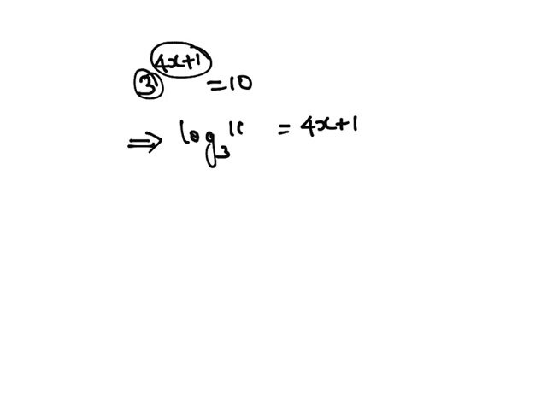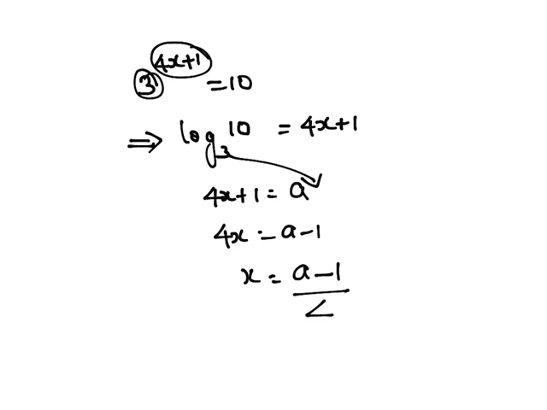So log 10 to the base 3. Once you find the answer, 4x plus 1 equals this answer. Let's say some number, for example, a. Then 4x equal to a minus 1. So x will be the answer minus 1, divided by 4. Right? This a is nothing but the value of log 10 to the base 3, which you can find in the calculator and put it here. Very simple problem.